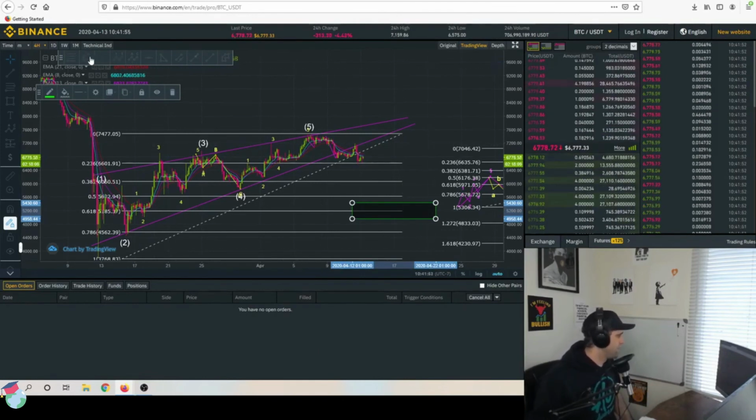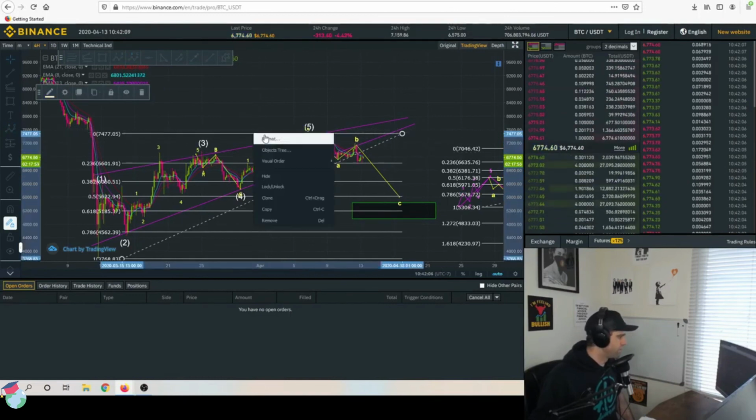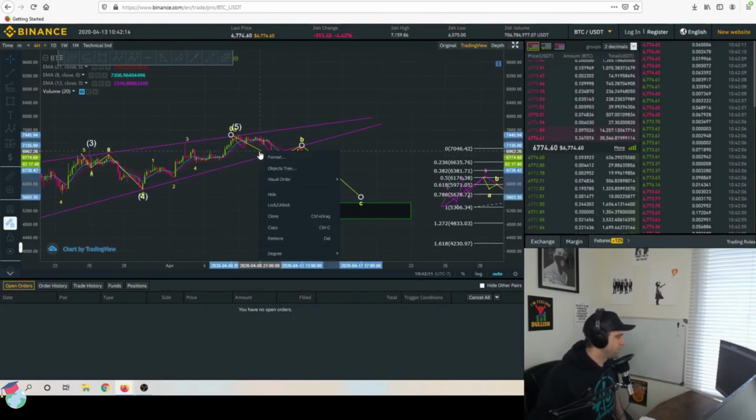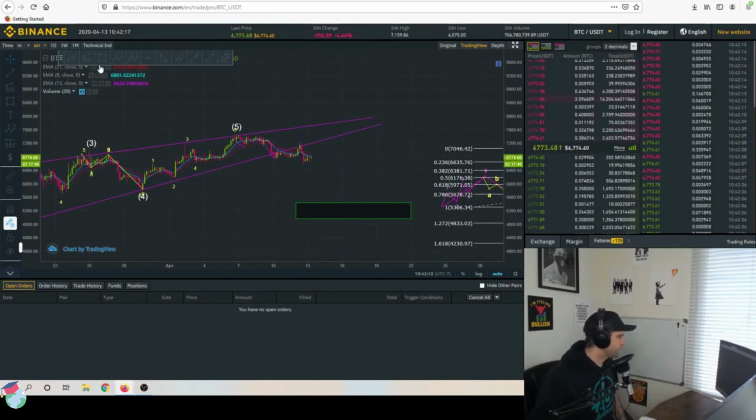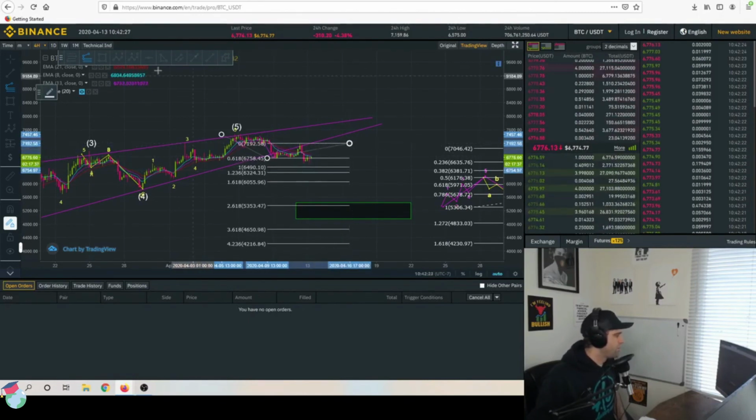What's the next thing that I want to look at? So the thing with an ABC, you guys, is lots of people will trade it. So if I'm calling this A, this B, and looking for a C, let me get rid of this fib retracement here. What other people will do is look for an extension of a 1.618 from the A wave. So if we're calling this A, people are going to look for a 1.618.